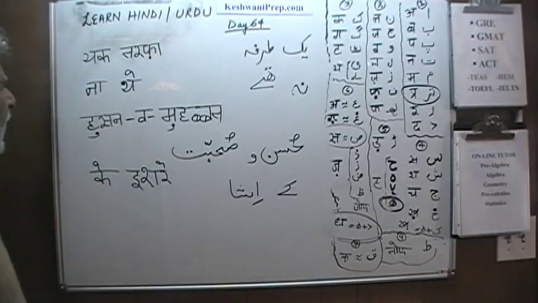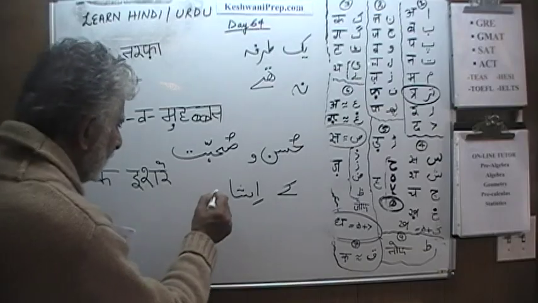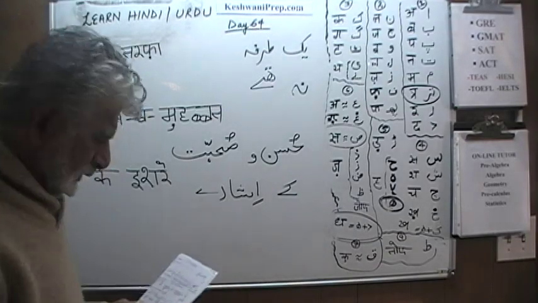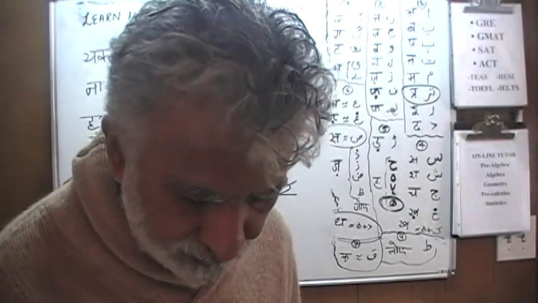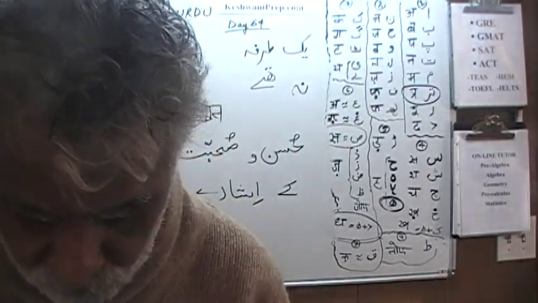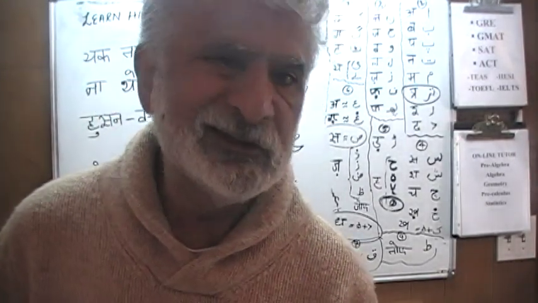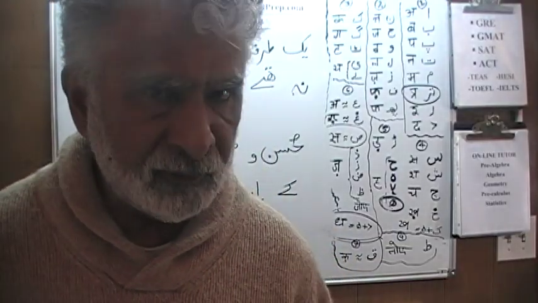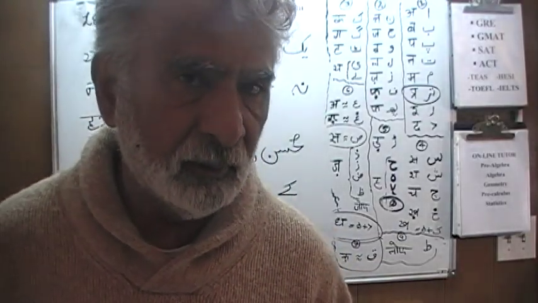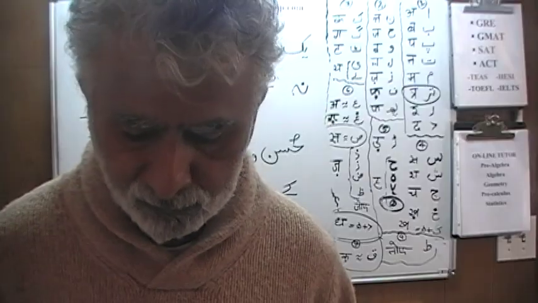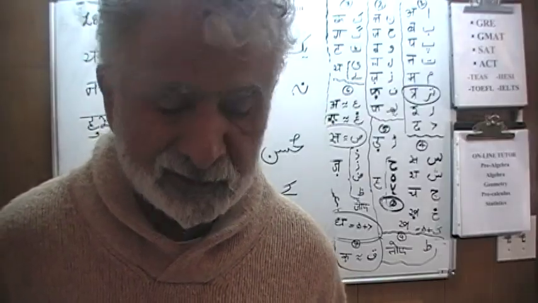Ek tarfa na the husn wa mohabbat ke ishare. What does it mean? What he's trying to tell you is that whatever was going on between myself and this young lady was not one-sided. Sometimes it happens in life where one person is crazy about the other one, but the other person does not feel the same way. He's trying to tell us that that was not the case.